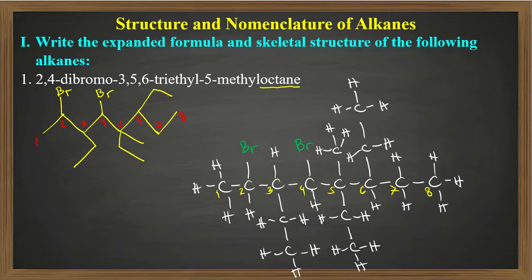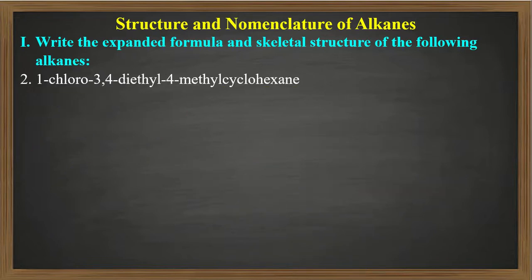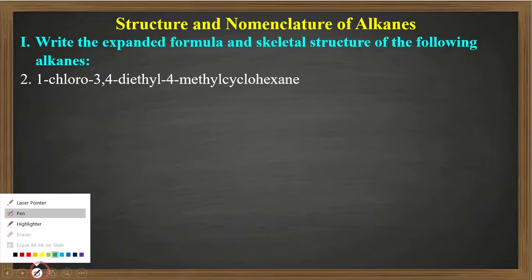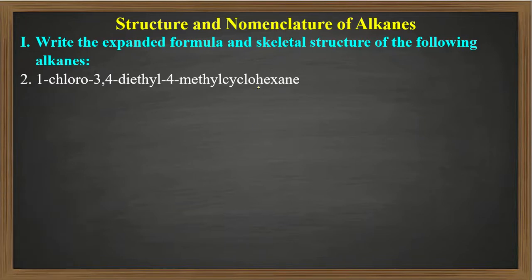Now let's proceed with item number 2 for test 1. We have here 1-chloro, 3,4-diethyl, 4-methyl cyclohexane. The same lang gihapon. Ang inyong buhaton is first draw the parent name. The parent name is cyclohexane. So we have to draw cyclohexane here.